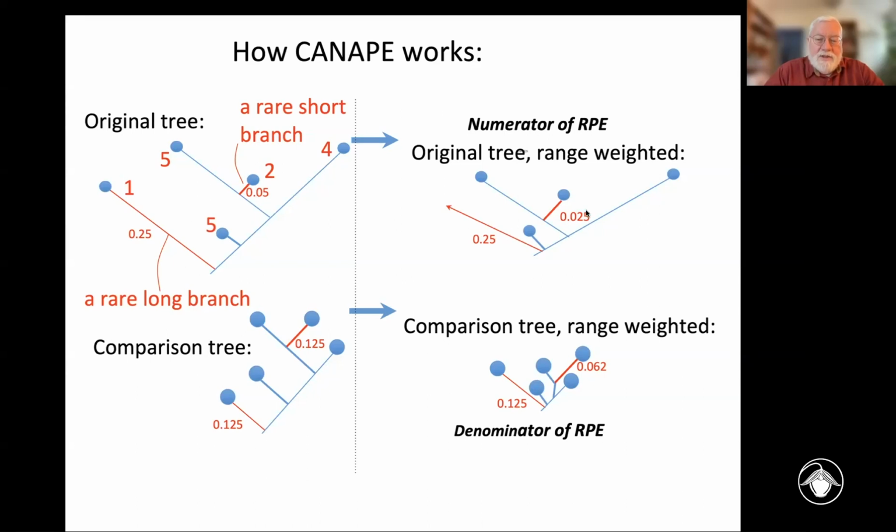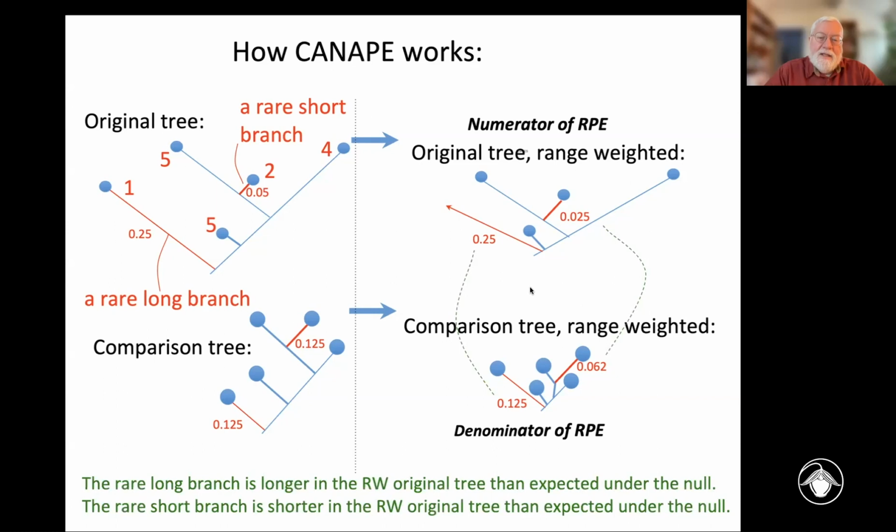Here's the range-weighted original tree, then here's the comparison tree that we use in the denominator of RPE, and all the branches have been adjusted to be of equal length. When we range weight this tree and this tree, we find that the long branch in the original tree is shorter in the comparison tree than it was in the original tree.